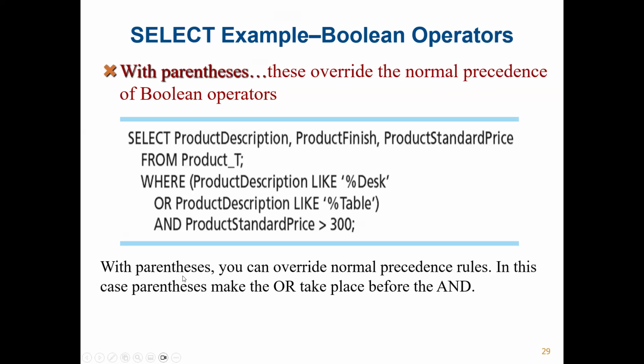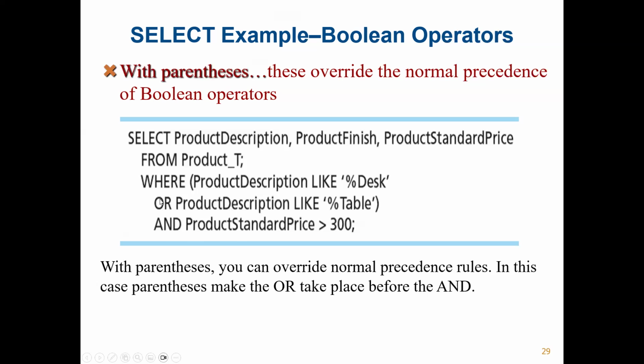So here we say with parentheses, you can override the normal precedence rule. In this case, parentheses make the OR take place before the AND. Actually, that's what we should mention. Because in real Boolean algebra, product will come first before addition. Normally, AND is a product and OR is an addition.